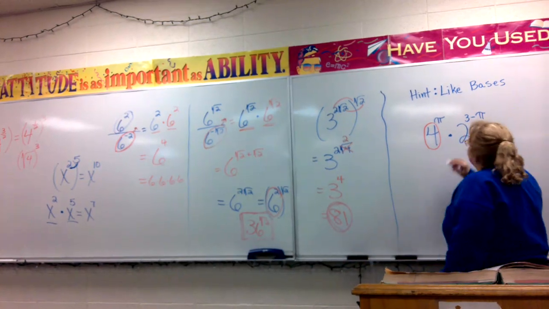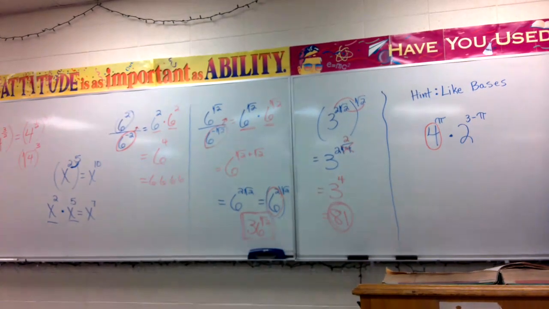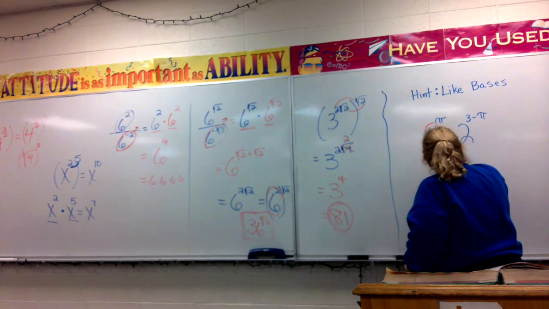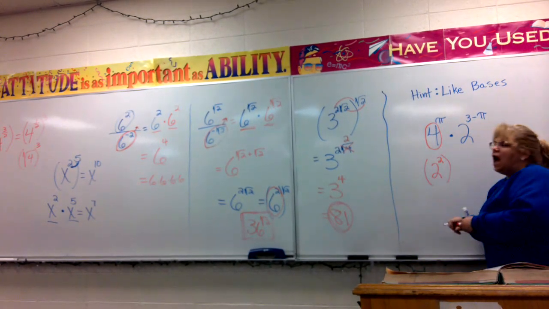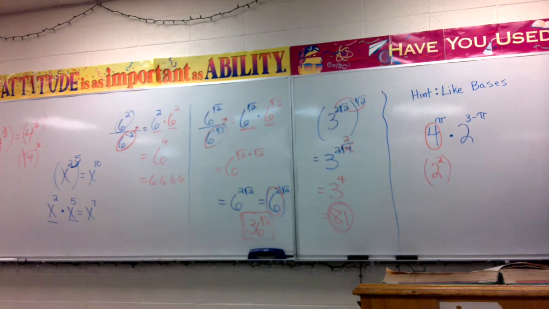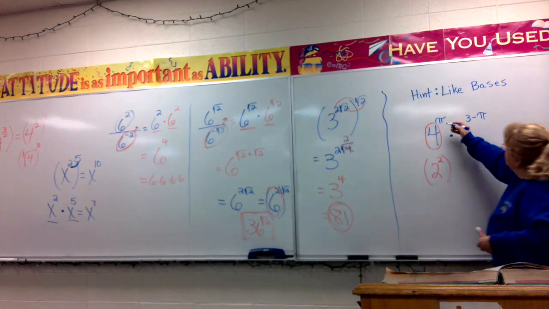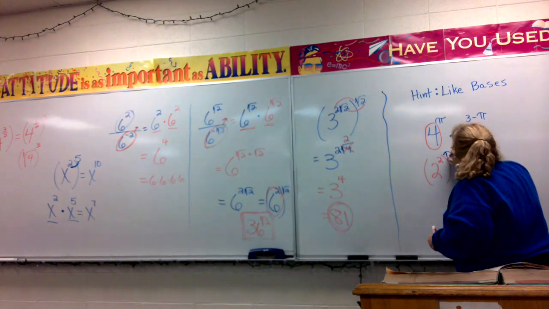I've got a 4 and a 2. What's my like base going to be? Did you say 2? Good. 2. So I'm going to write 4 as 2 squared. Right? 4 is 2 squared. But don't forget it's raised to the pi power.